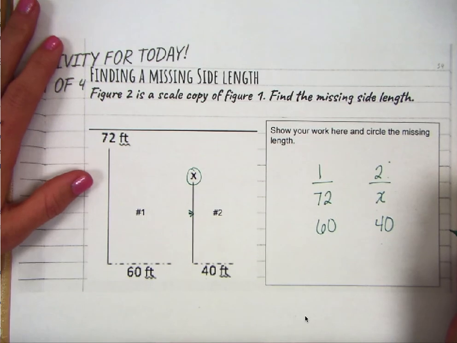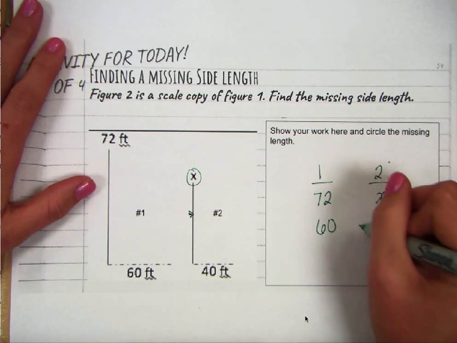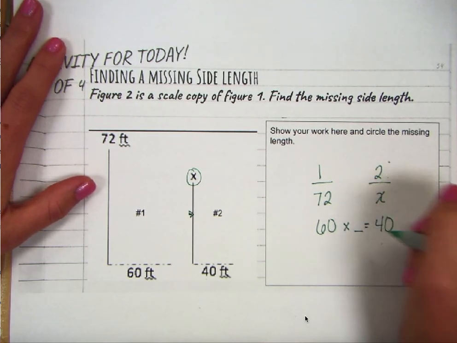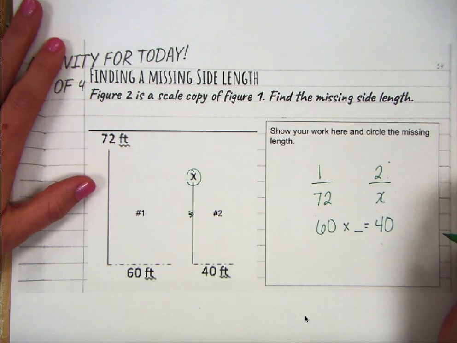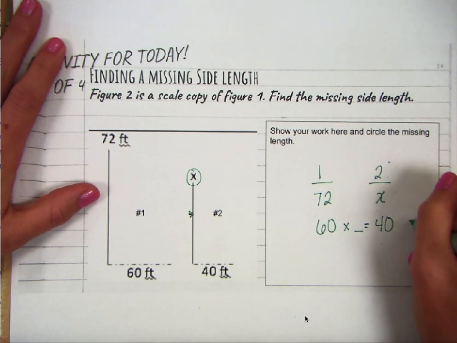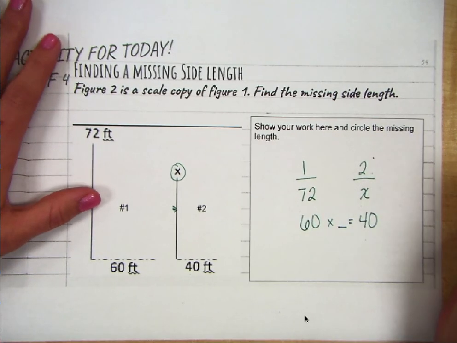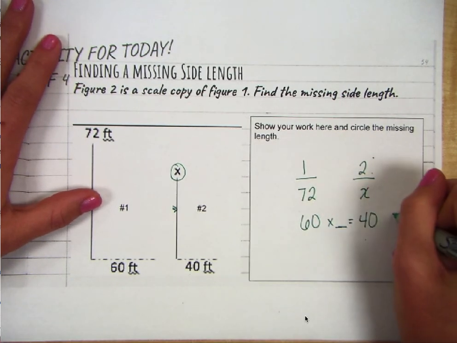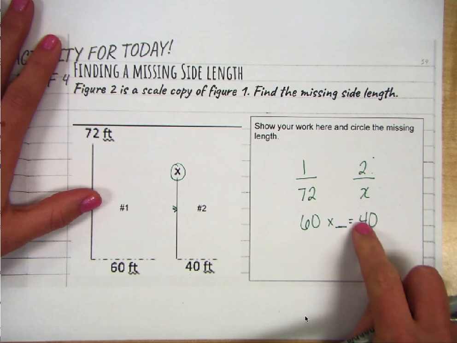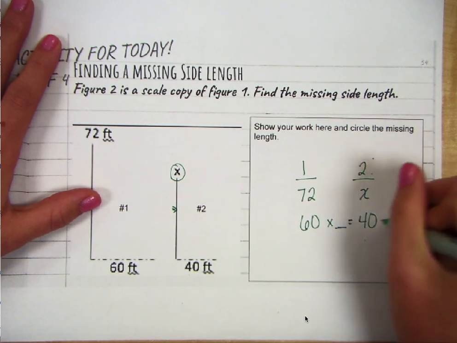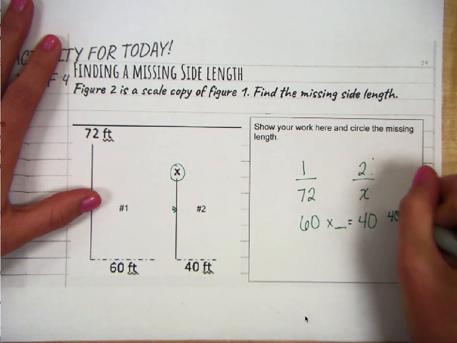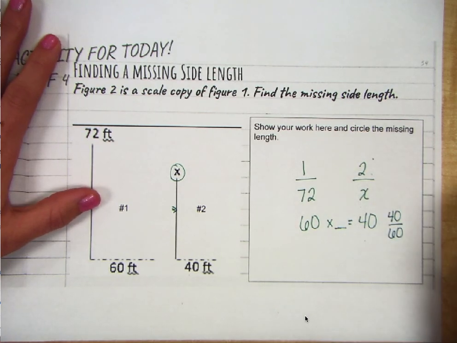Remember, the first thing we need to do is find our scale factor. So 60 times some number gives me 40. Remember, I can use the inverse operation to figure this out if it's going smaller. So instead of multiplying 60 times something, I'm going to divide, and I'm going to use my product 40 as my numerator. 40 divided by 60.